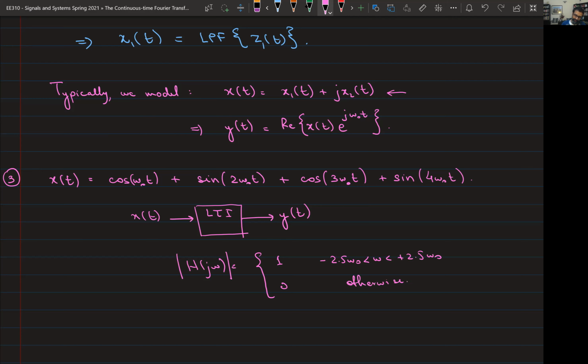So this is the magnitude, and the phase of H of j omega is given as j times 0.2 omega over omega naught, right? So the phase is linear.